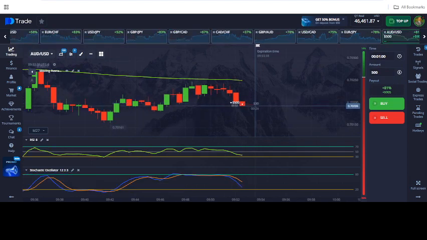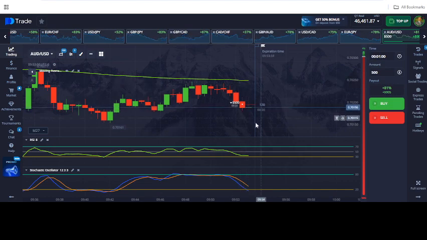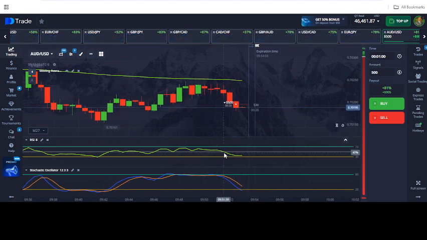Okay, so I'm on the Australian dollar, US dollar pair here, and I just took a sell trade. The reason why I took the sell trade is, if you see here, the candles are below the 150 EMA line, suggesting a continued bearish trend. The 150 EMA line is a general trend line. Secondly, the RSI line crosses below the 50 line here in a downward direction.